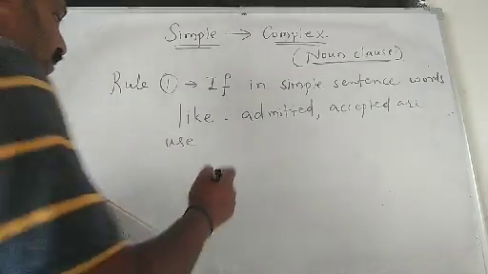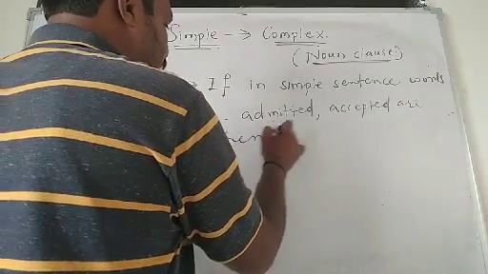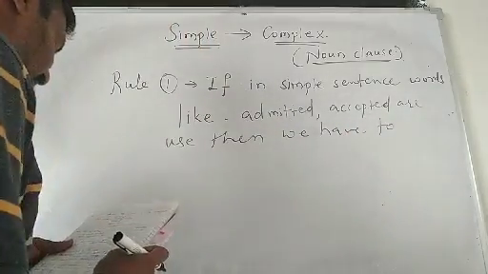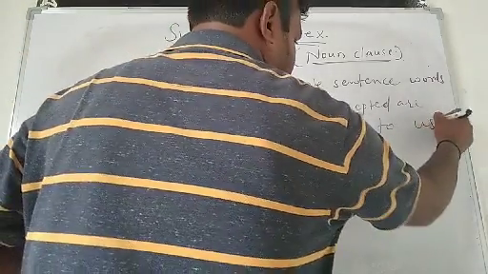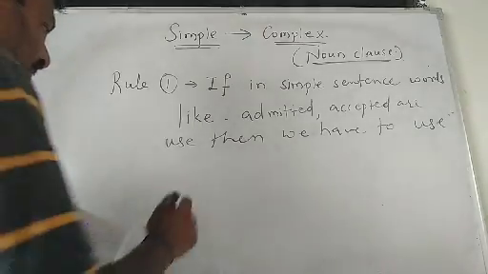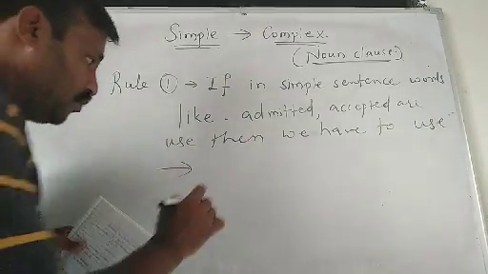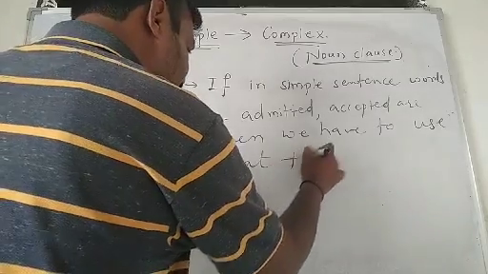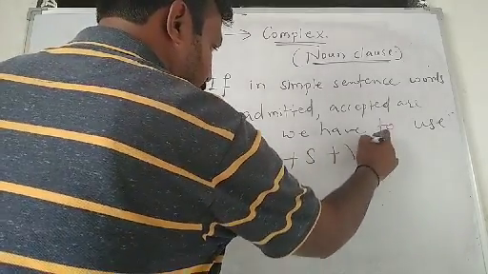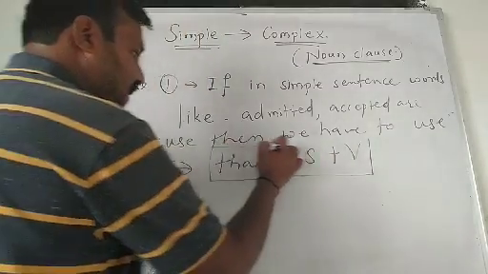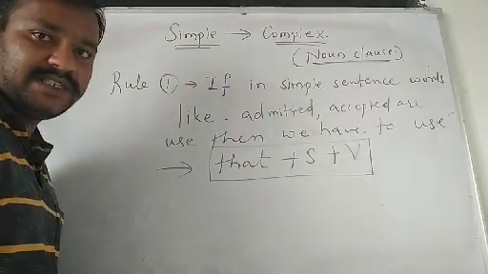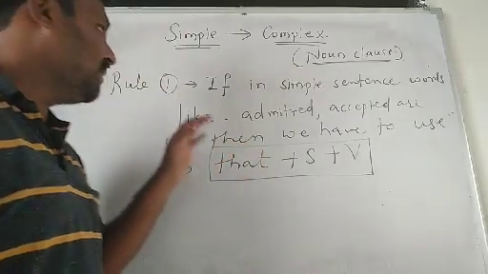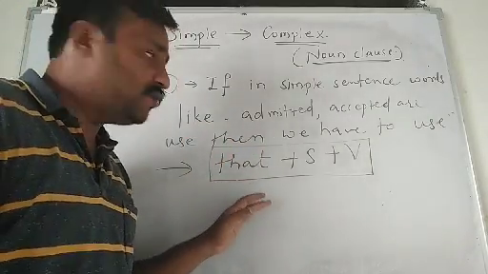that time what we have to do? Then we have to use that plus subject plus verb form. This structure is very important, friends. This structure is very important for changing simple sentence into complex sentence. But when this structure we have to use?